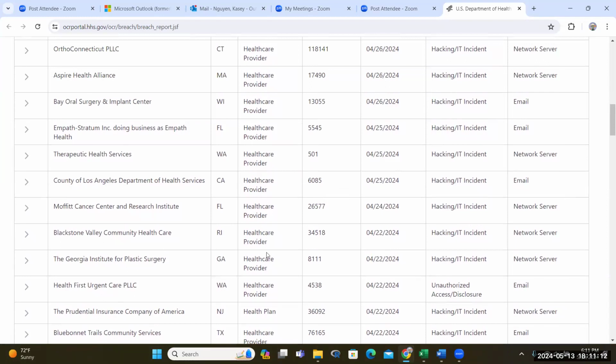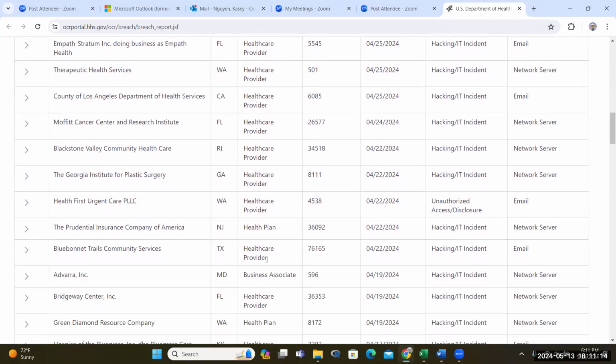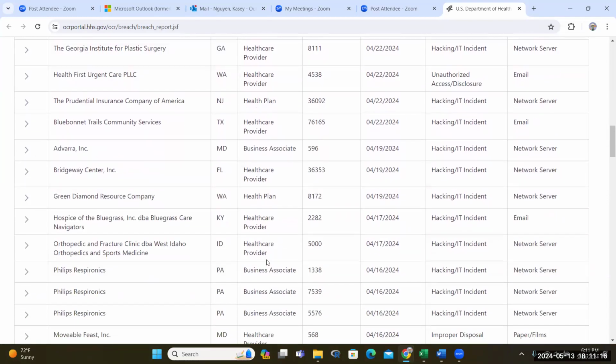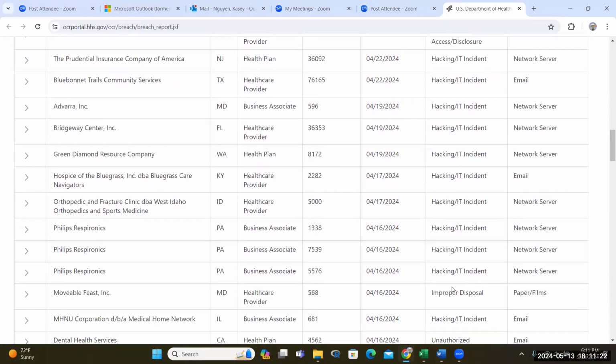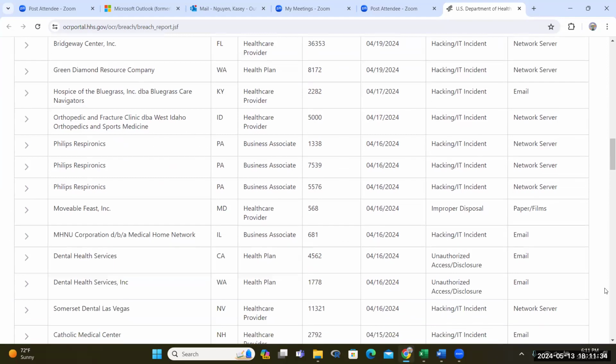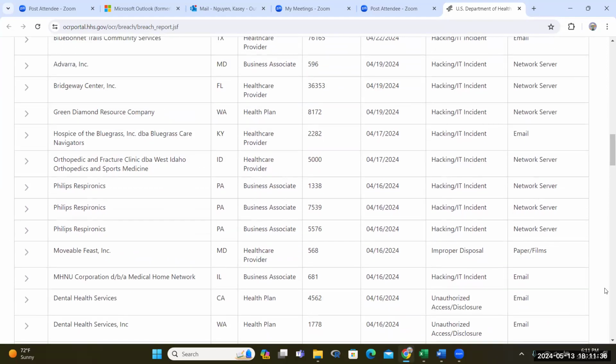So as you can see, they're all healthcare providers. Improper disposal. We just talked about this. Paper and films. So they threw away things in the garbage, maybe. That's interesting.